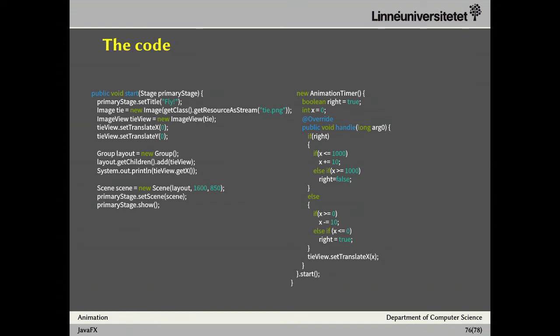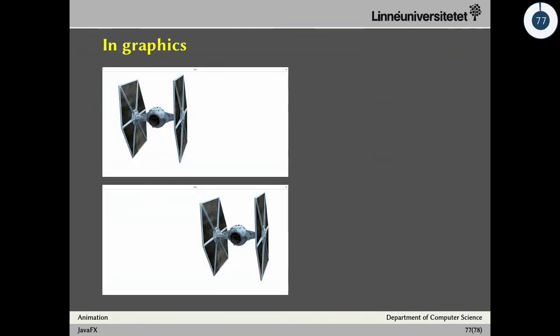And the important thing here is that we have the tie view set translate x to this new, updated value. And it will try to do this as often as 60 times per second. And when we call start, the animation will start.